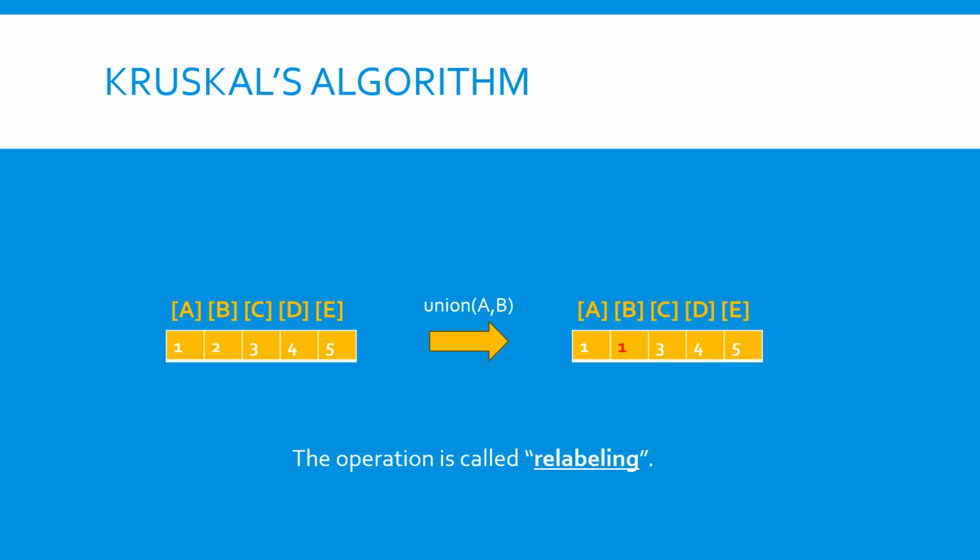The union operation relabels set IDs to merge two sets. For example, merging the set containing A with the set containing B involves relabeling B's entry to 1. The updated array now means both A and B are contained in the set 1.